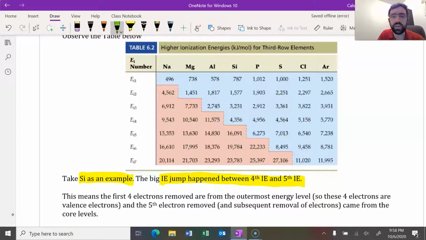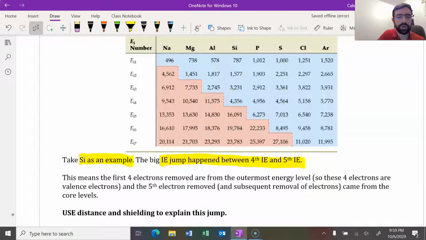That's notable. This time it jumps up somewhere around 1000, not that big. Then it goes from 4000 to 16,000, an increase of 12,000. That is the largest jump of any of the increases for silicon.